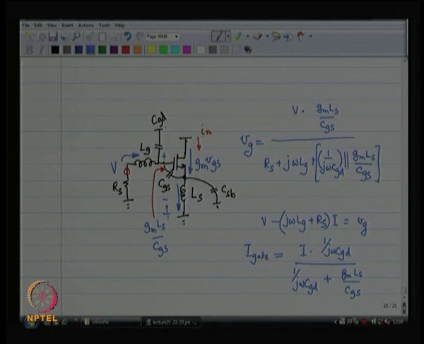Now, this I gate is the gate current. This gate current is dropping across Cgs. All right, it has no other place to go. It goes across Cgs and it creates a voltage across it. So, I gate times 1 by j omega Cgs is equal to Vgs, and I n is Vgs times Gm.